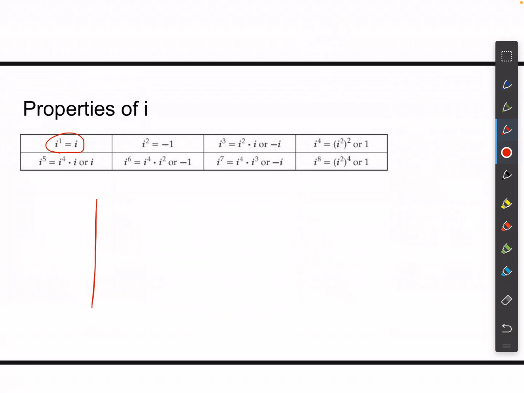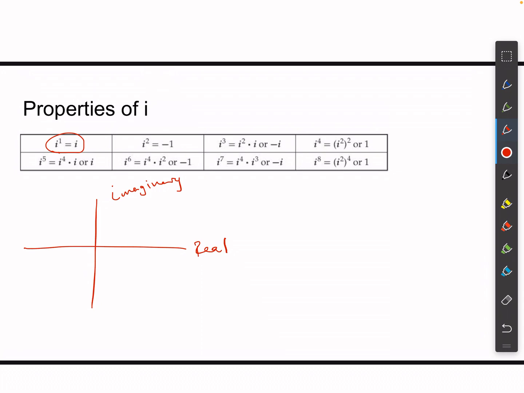What I want to show you is this. A lot of times for people to understand this, we look at it on a coordinate plane in which we have a real axis and an imaginary axis. Each power is just a rotation on this.